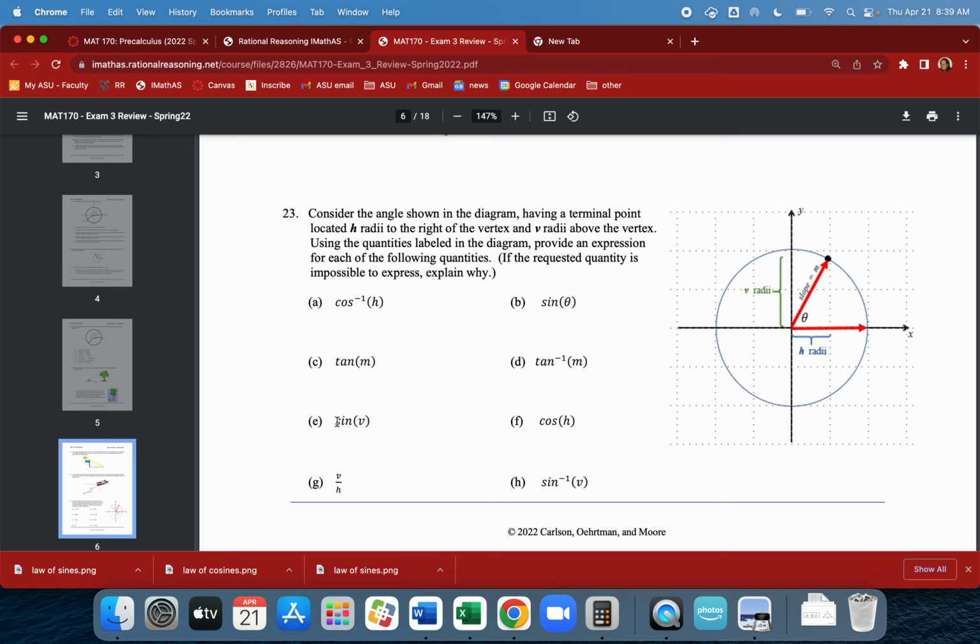So we wanted for this one inverse cosine of h. So h is a number of radii, and since the radius is 1 radius length, h is h radius lengths, which is something less than 1, you can see.